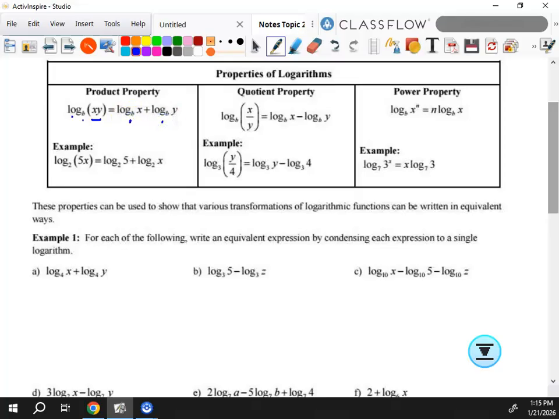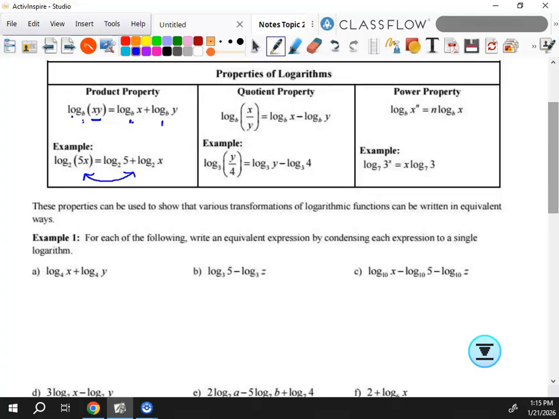Or the other way, if I have two logs with the same base that are being added, I can change it to the log of the same base, but those two arguments being multiplied. So I can go in either direction. So here, if I have log base 2 of 5x, that can become log base 2 of 5 plus log base 2 of x. But again, you could also go the other way. It goes either way. That's your multiplication property, or the product property.